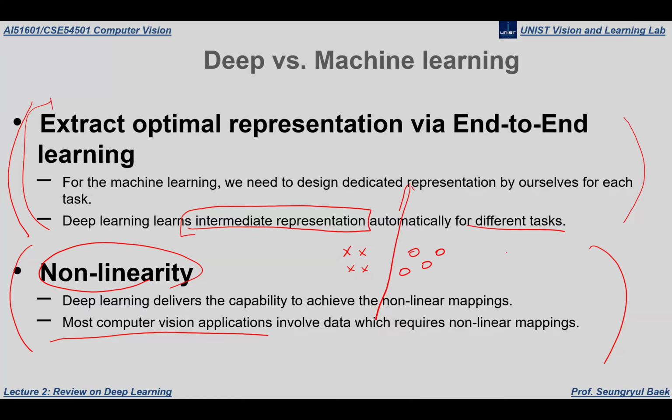But normally, in real world data, the situation is not like this, okay? Always the data distribution is mixed, okay? So in many cases, we have the data distributed like this, and we cannot simply draw one straight line that can classify these two different classes, okay? This is the more realistic situation.